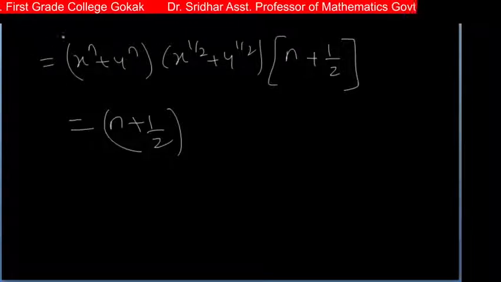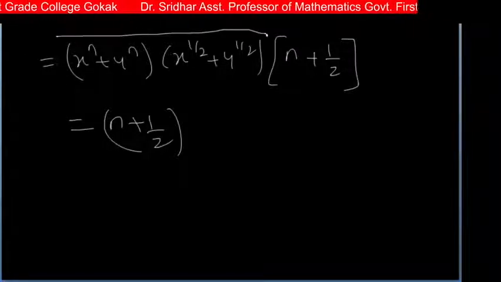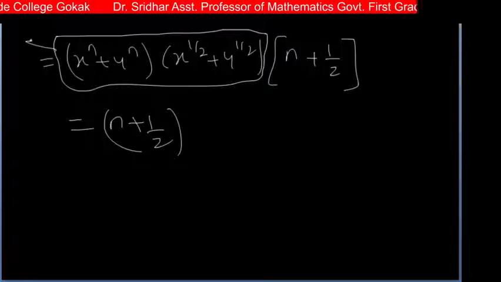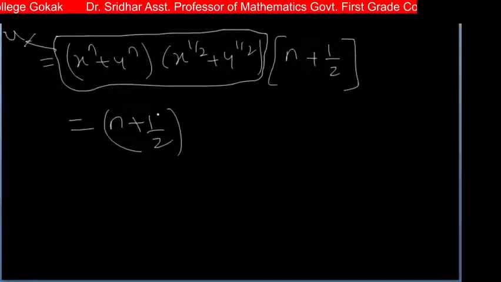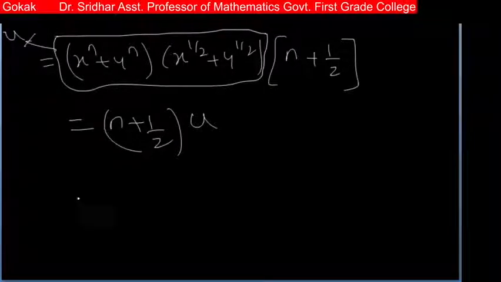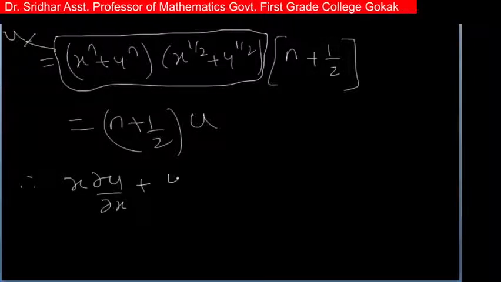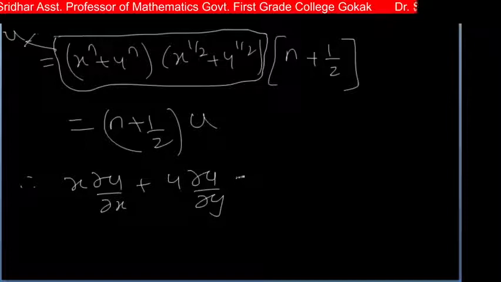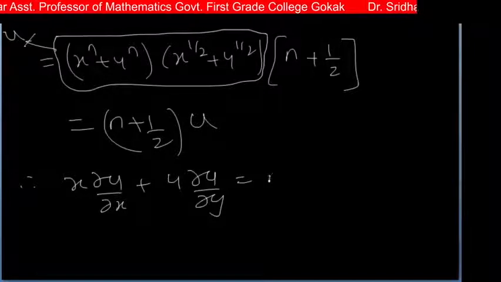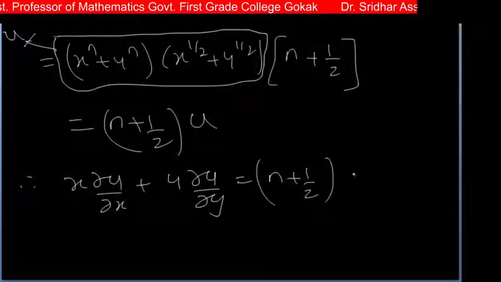So this whole is equal to u, correct? So therefore x into dou u by dou x plus y into dou u by dou y is equal to n plus 1 by 2 into u.